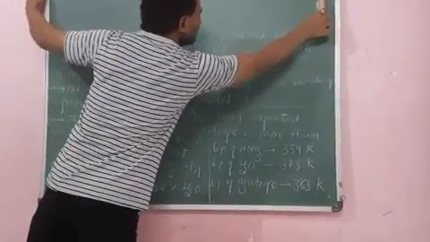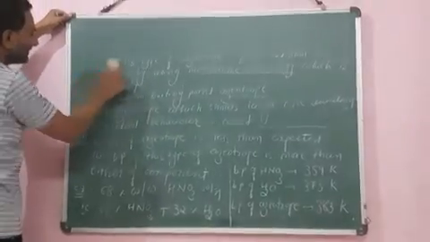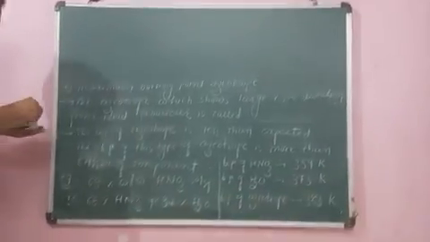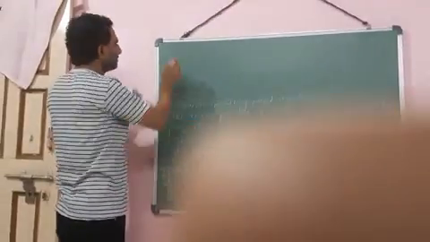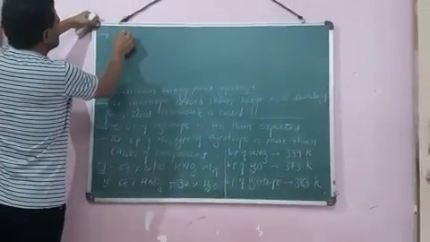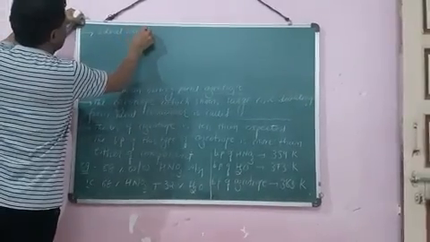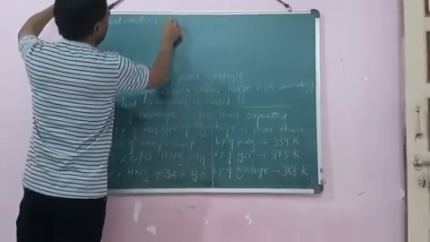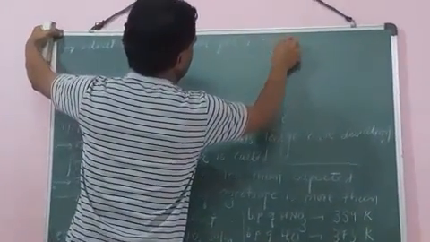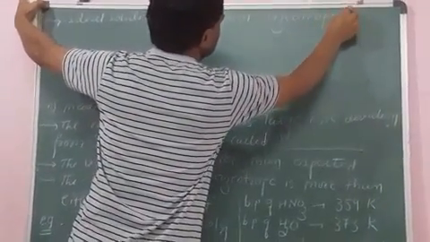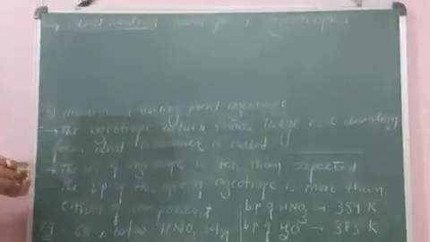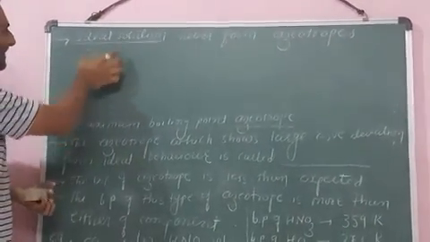And last, an important point: if you revise the topic of ideal solutions and non-ideal solutions, then one thing is clear about azeotropes and non-azeotropes, that is, ideal solutions never form azeotropes. Most important, whenever a solution is ideal, see, in a previous video conference I gave you 5 mixtures of ideal solutions.